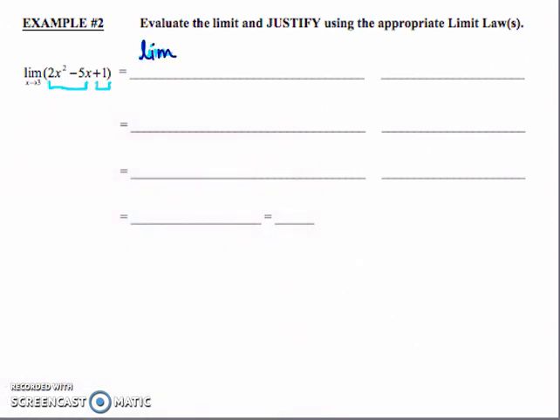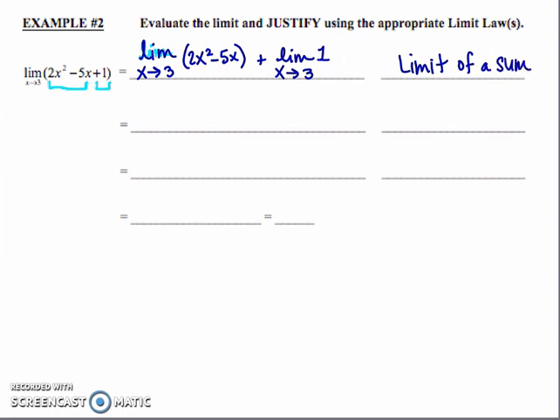The limit as x approaches 3 of 2x squared minus 5x plus the limit as x approaches 3 of 1. And my justification is this is the limit of a sum.